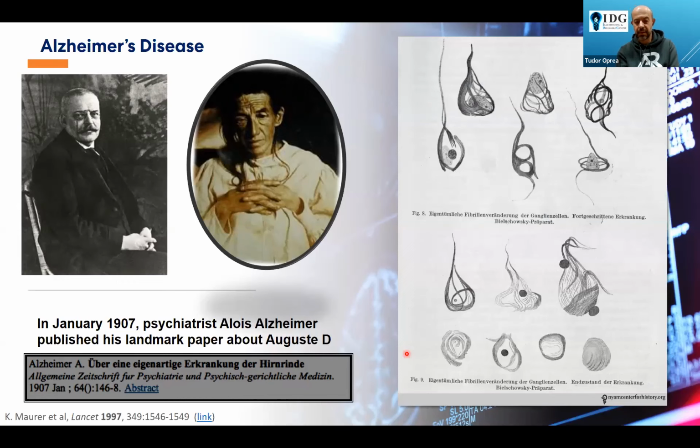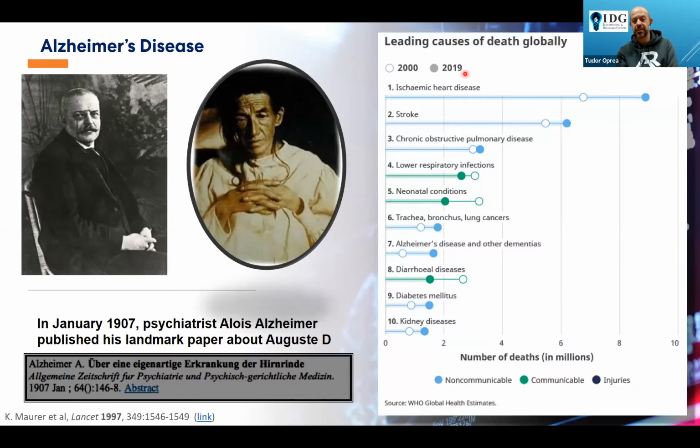It's quite a serious disease. It's still one of the primary causes of death. This is despite the fact that just about 120 years ago, it was not a recognized disease entity. So it's a fairly new addition to the medical dictionary.